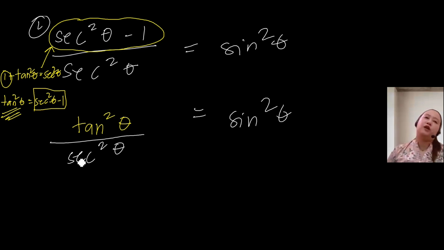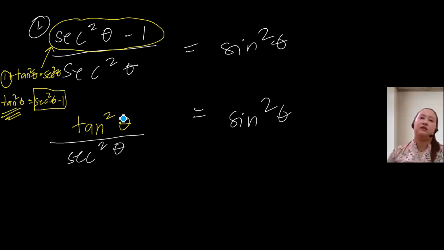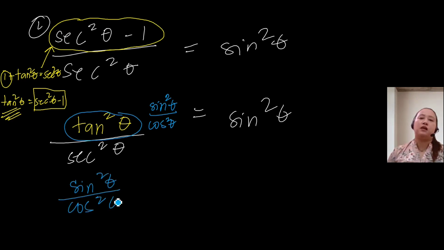So this time, you can already write this in terms of sine and cosine. Since we know that in quotient, tangent is equal to sine theta over cosine theta. But this time we do have the power, so you just put the exponent also. So we have here sine squared theta over cosine squared theta.